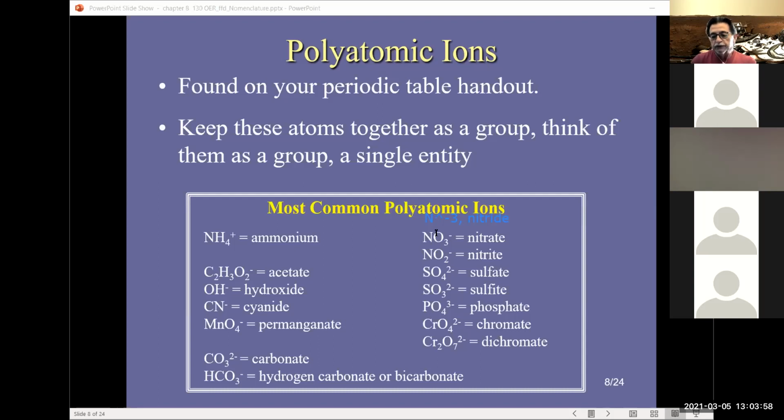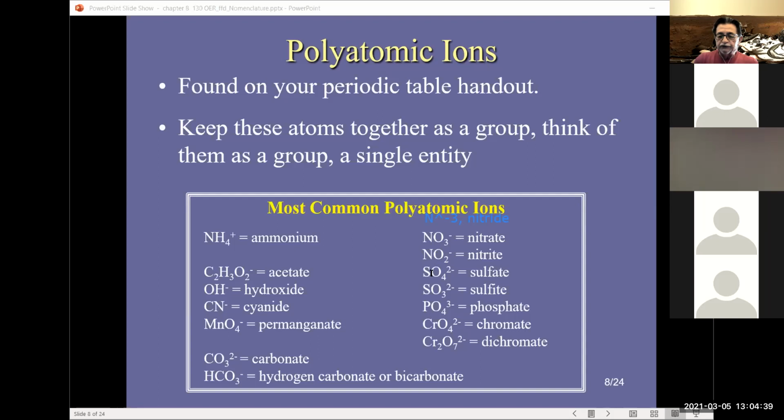When there are 2 oxygens instead of 3, because we have 2 different types of nitrogen-based oxygen groups, the next one is called nitrite, -ite. So the three names, nitride, nitrate, and nitrite, all involve nitrogen. The -ate and the -ite have oxygens associated with them, and the number varies depending on the species.